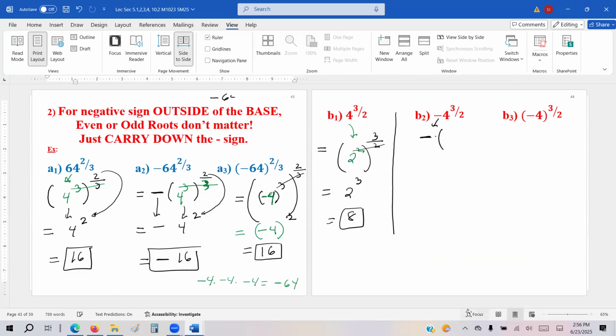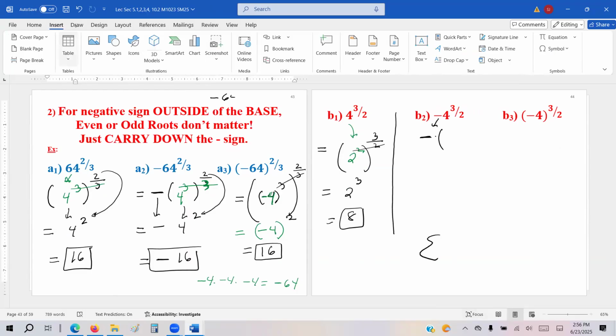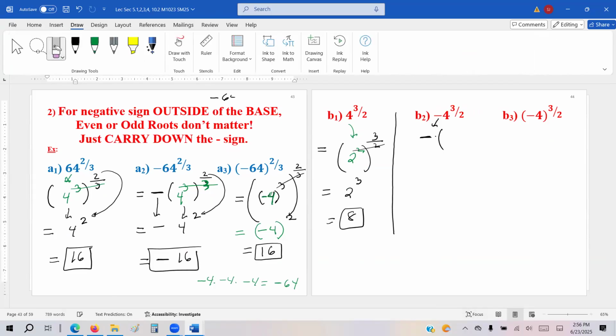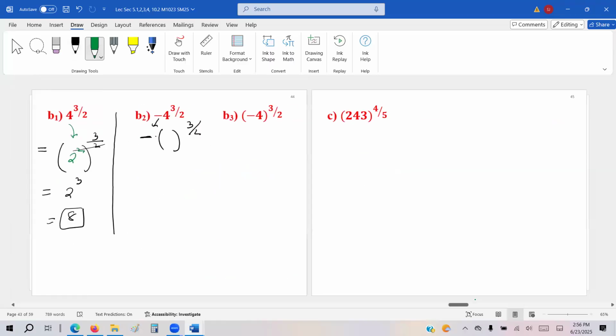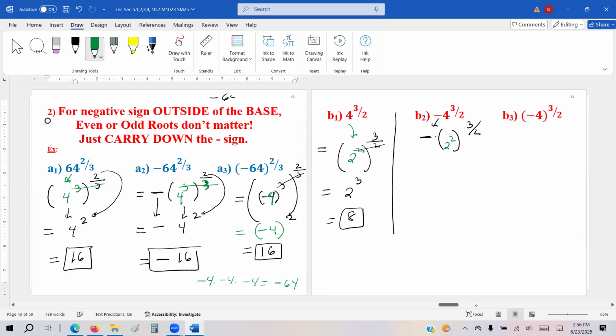Okay, so we have negative x. And then we rewrite. So how are you going to rewrite the 4? 2 square. And then what happens? The 2 and 2 cancel out. So what remains? First you have a negative, right?